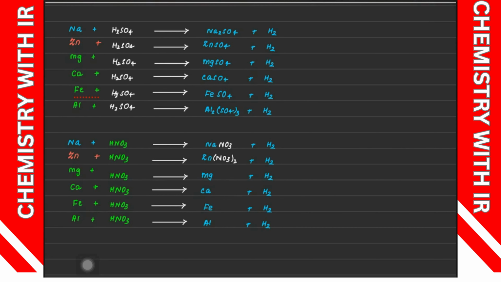Since the charge of zinc is 2, I would write 2. Magnesium nitrate, again the charge of magnesium is 2. Calcium nitrate, again the charge is 2. Iron nitrate, again the charge is 2. Aluminium, the charge is 3, so I need to write 3 over there. This is the formula for the salt.